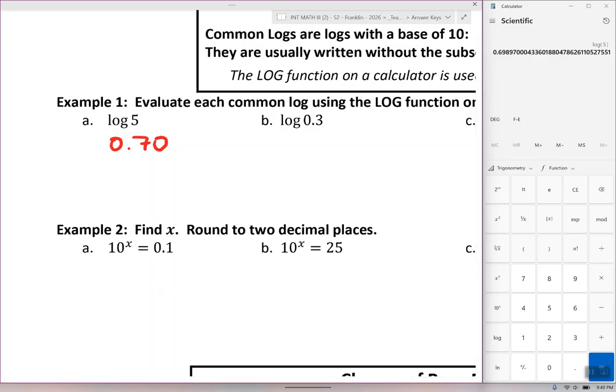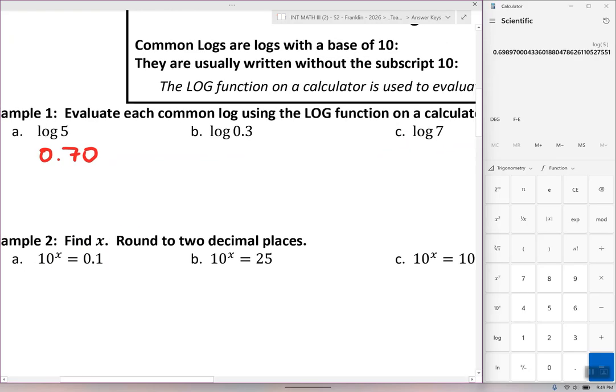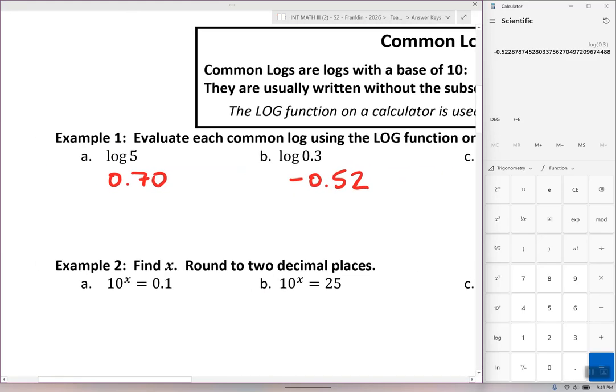Okay, let's move on. Log 0.3. So I'm going to put 0.3, hit the log button, and it gives me negative 0.52. Now I do want to point out that what we're finding is the exponent needed to make 10 that number, if you remember how logs work.